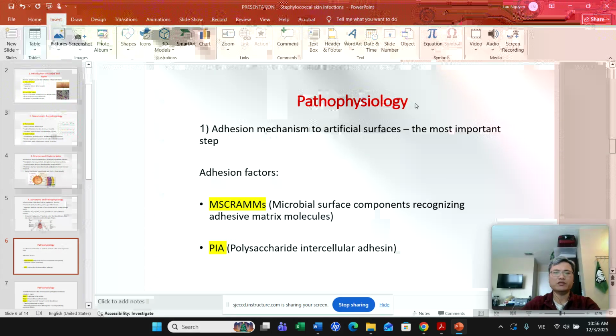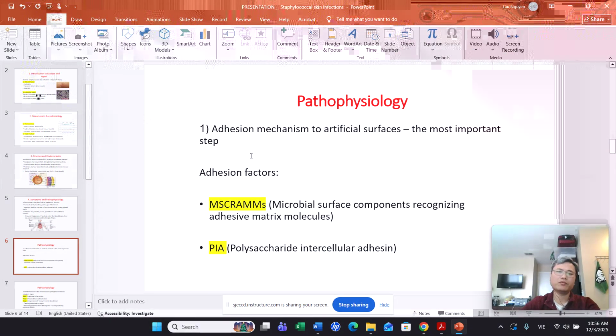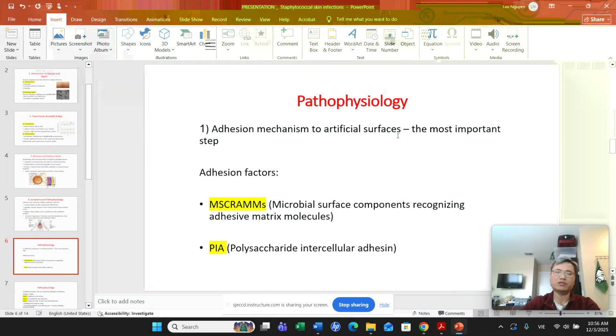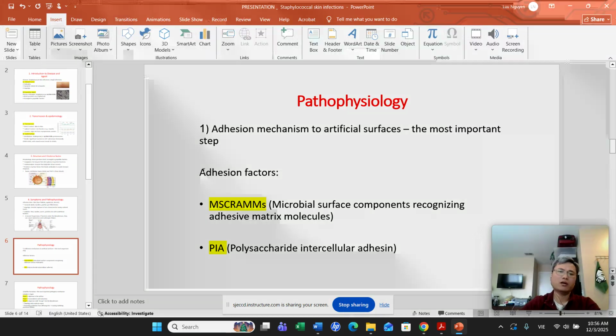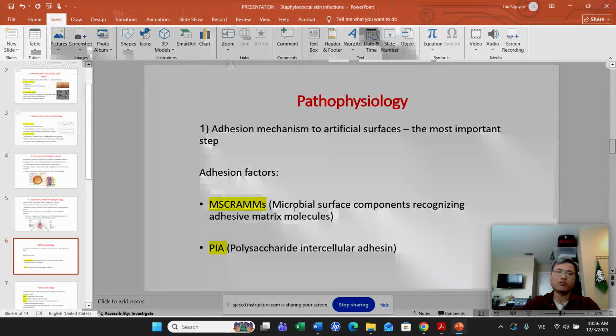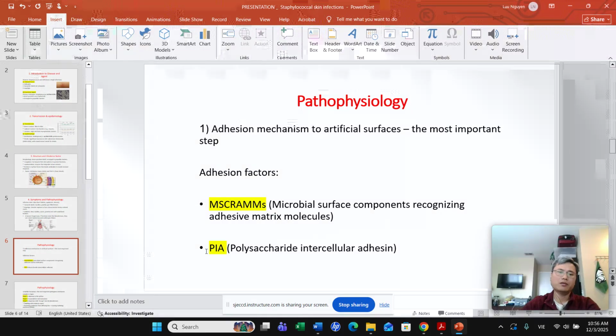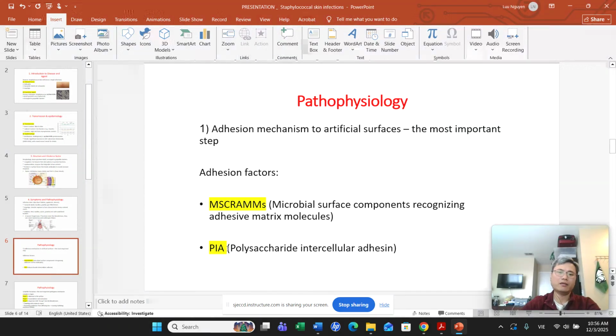More about pathophysiology. First, adhesion mechanism to artificial surfaces. This is the most important step. With two adhesion factors: MSCRAMM, microbial surface components recognizing adhesive matrix molecules, and PIA, polysaccharide intercellular adhesin.